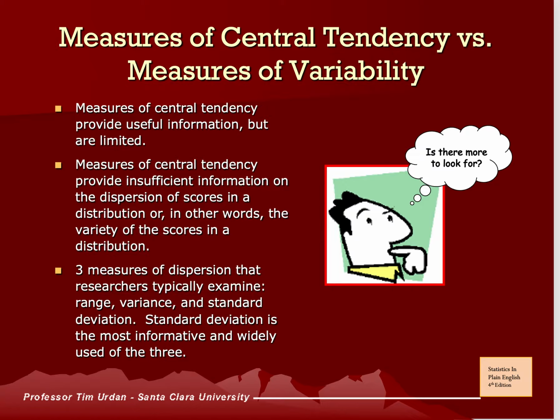So the measure of central tendency gives us a lot of really important information because knowing where the middle is is good. If I'm looking at the sales of homes in my neighborhood and I'm trying to price my house, probably it's important to know what's the middle of the range of houses that are selling.